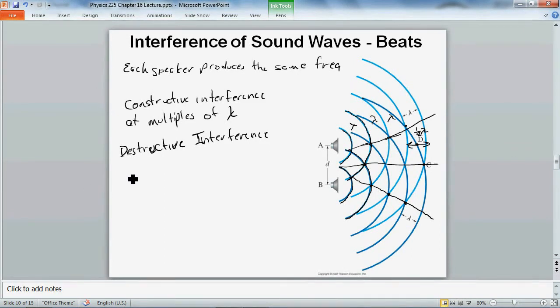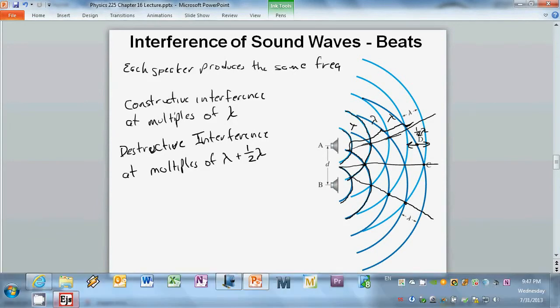So at multiples of lambda plus 1/2 lambda. So the multiples are just getting you out further, and then the 1/2 you're just going to add to that multiple. And these are going to be the locations of destructive interference.